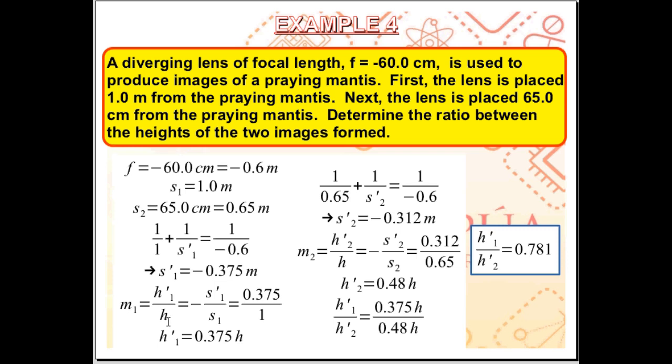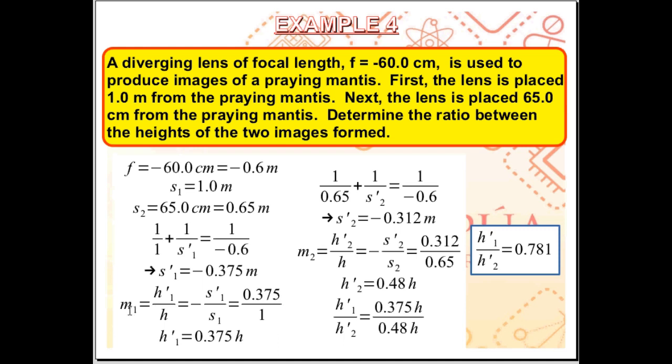Might as well just use H. M1 is also equal to negative S1 prime over S1. We know S1 prime. We know S1. We can calculate the lateral magnification M1: 0.375 divided by 1 or simply 0.375.